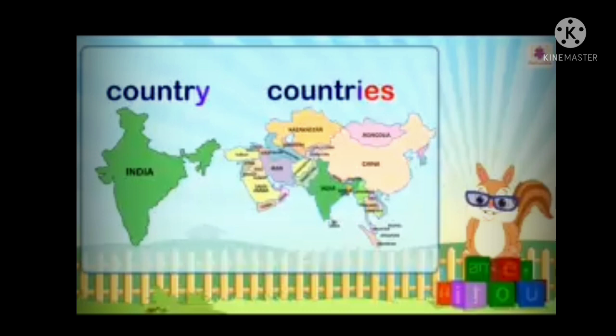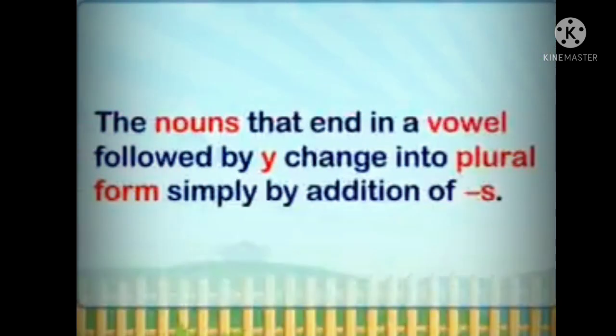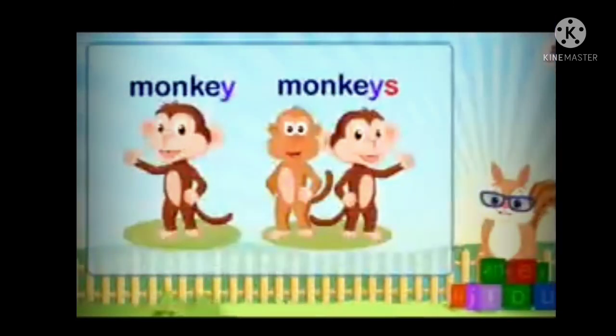Now, if any word ends with y but a vowel is before y, how do we change it into plural form? See, a noun that ends in a vowel followed by y changes into plural form simply by adding s.